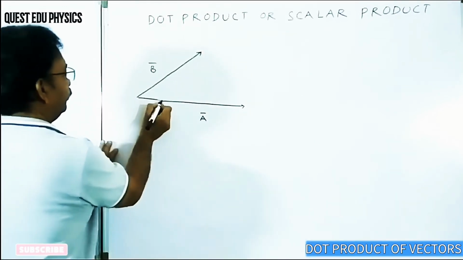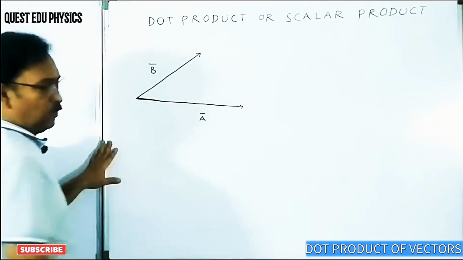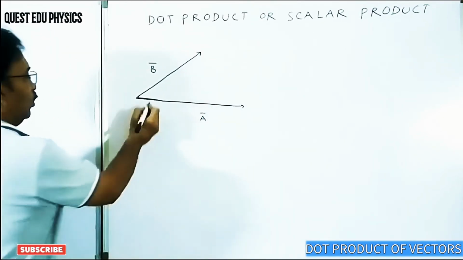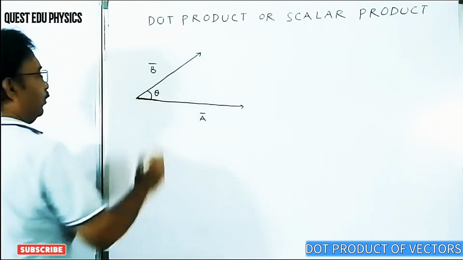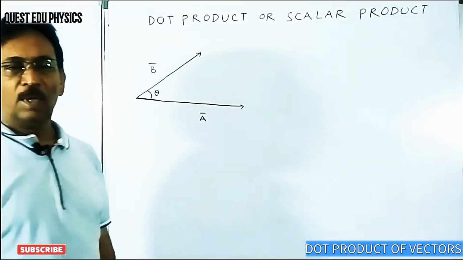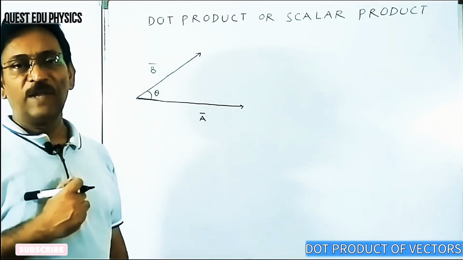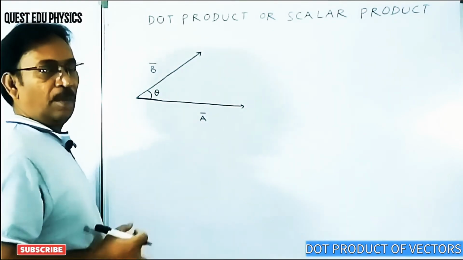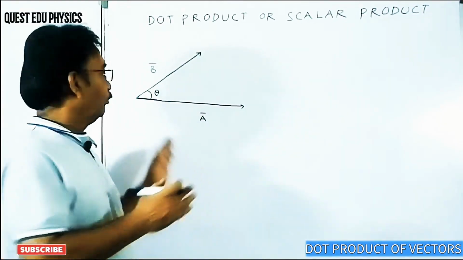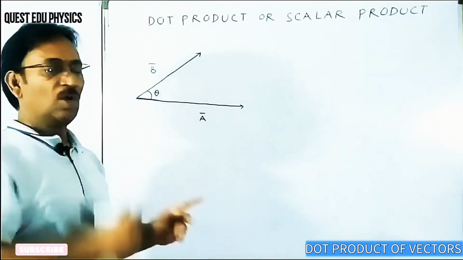As you learned, the smallest angle is the angle between the two vectors. So, as I told you, it is a product of the magnitudes of the two vectors with the cosine of the angle between them, and the result will act along the direction of the first vector.